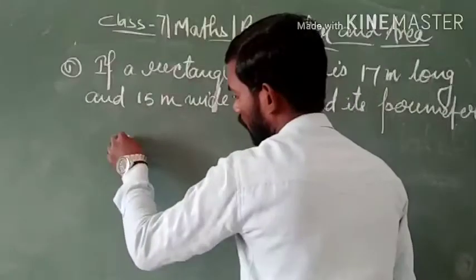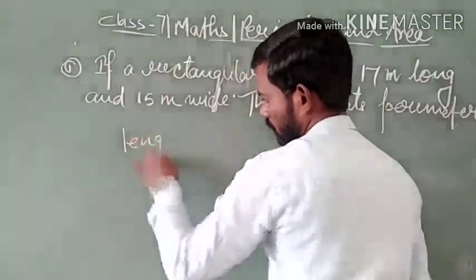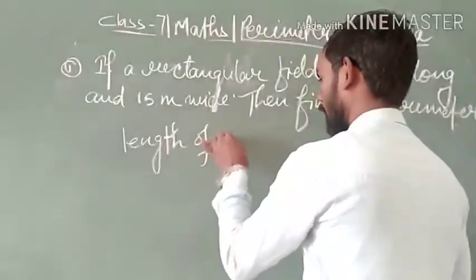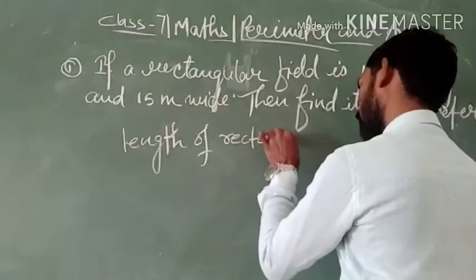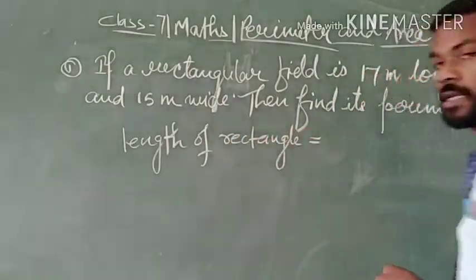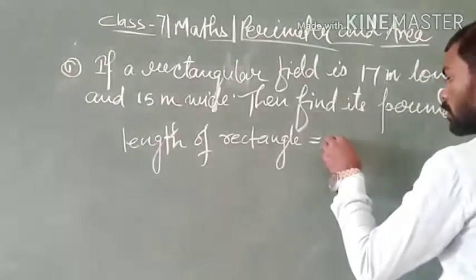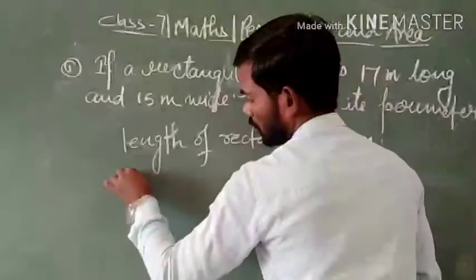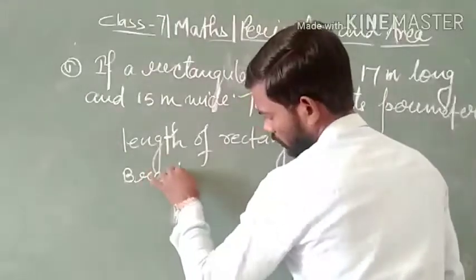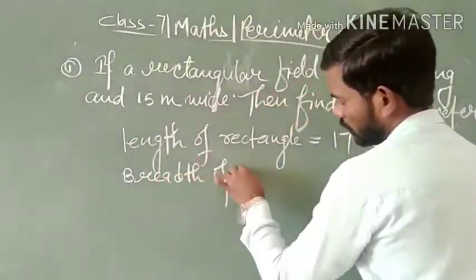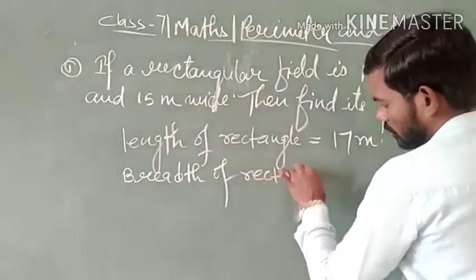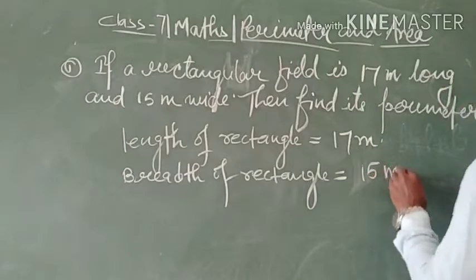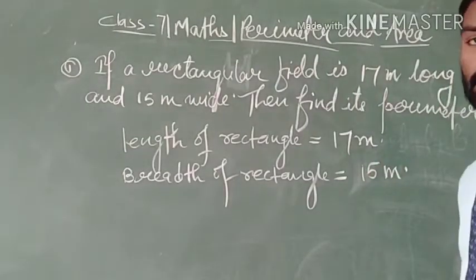So here we write, length of rectangle will be equal to 17 meter and breadth of rectangle is equal to 15 meter.